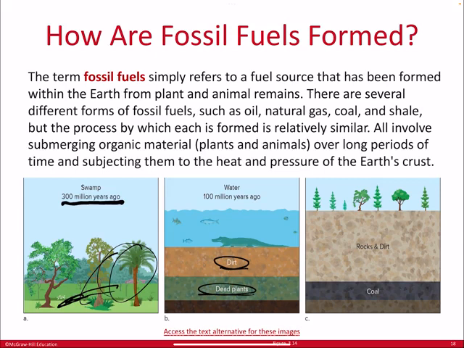Dirt gets deposited on top of it. Maybe there's water on top of it, kind of smushing it down. And over time, sediment builds up and it becomes rocks and dirt. And at the bottom, all of these dead plants, through time and heat and pressure, become some type of fossil fuel like coal.